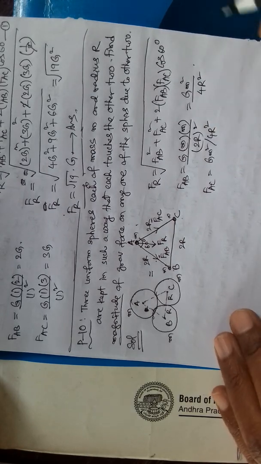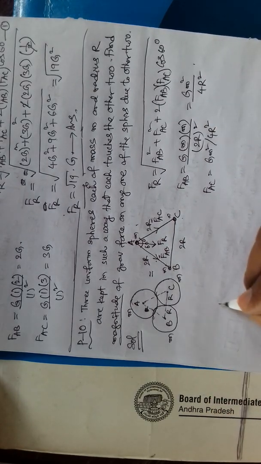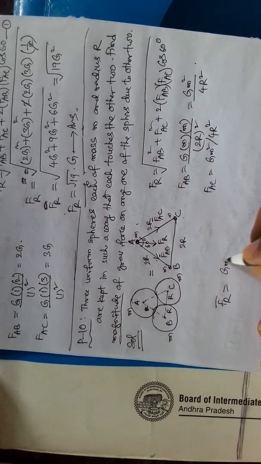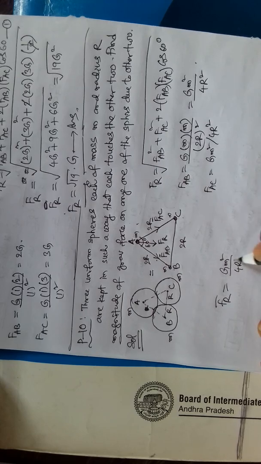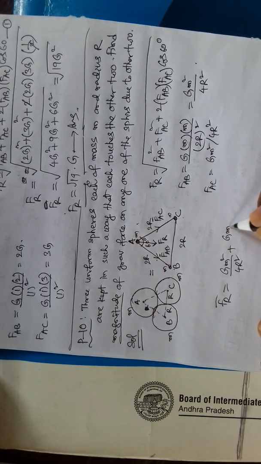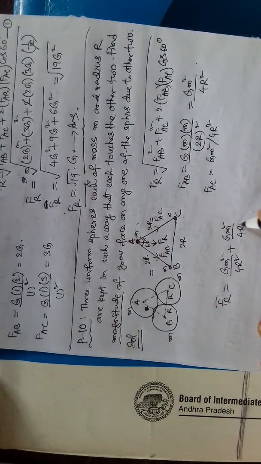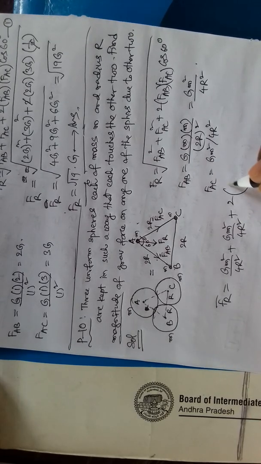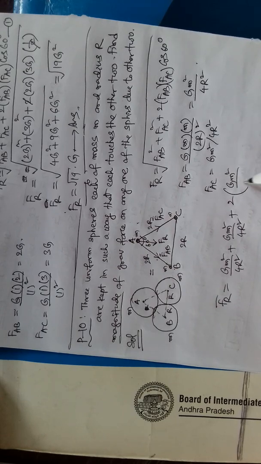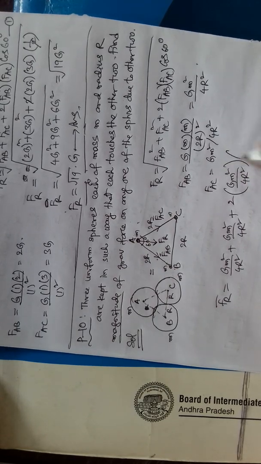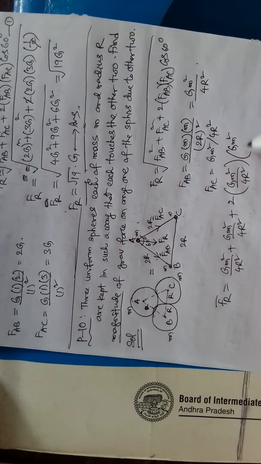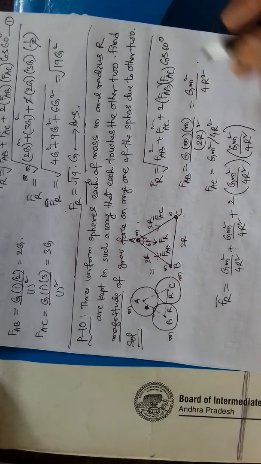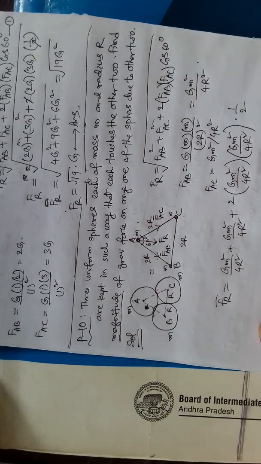So substituting these values, we get 2 into cos 60, which means 1 by 2.